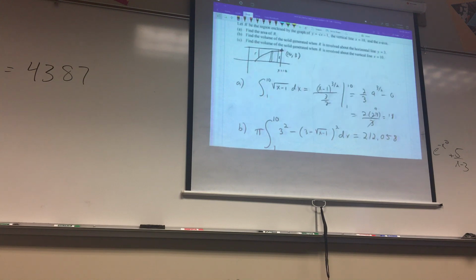Part C. Find the volume generated when R is whooped about the vertical line x equals 10. So I'm going to take this guy and I'm going to whoop it around this line right here. We need to be perpendicular to our axis of rotation.